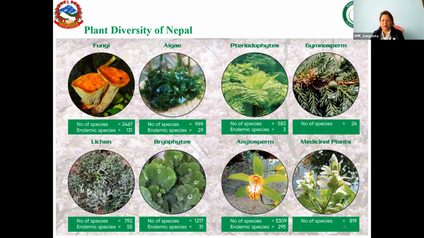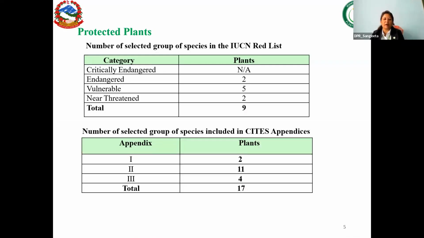The medicinal plants recorded by the Department of Plant Resources number 819 species. Among them, there are some protected plants. Some are protected by the IUCN Red List. In the IUCN Red List, we have a total of 9 plant species: 2 endangered, 5 vulnerable, and 2 nearly threatened.